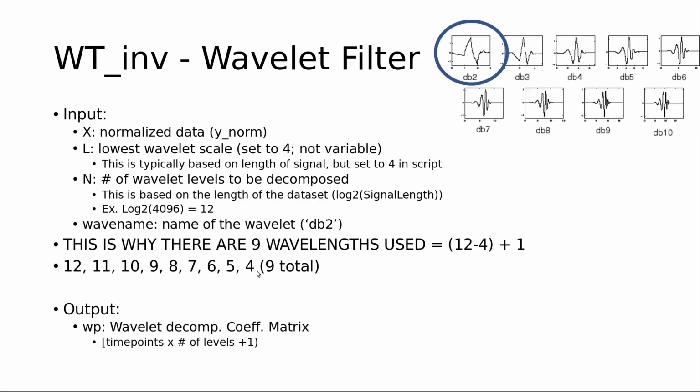So you have 9 levels of wavelets that you're going to apply, and these are basically just different resolutions, if you will. The output is going to be your wavelet decomposition coefficient matrix, which is going to be the time points times the number of levels plus 1, and that's where you get that 9. So you have 9 columns essentially.